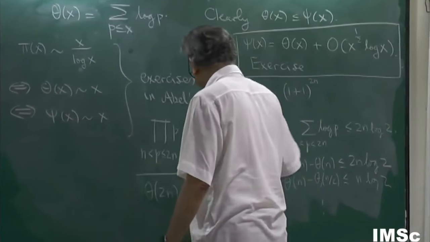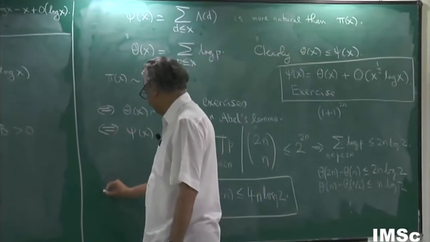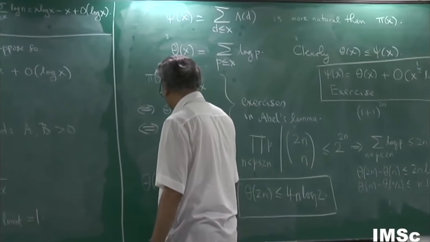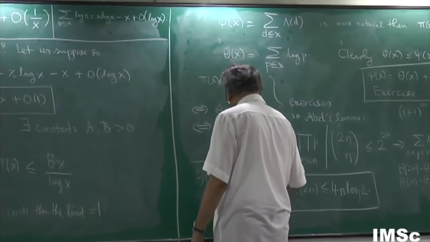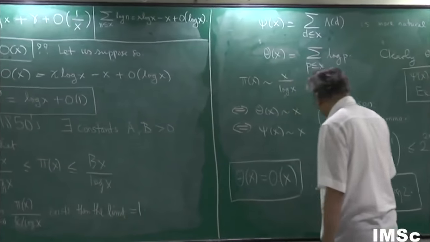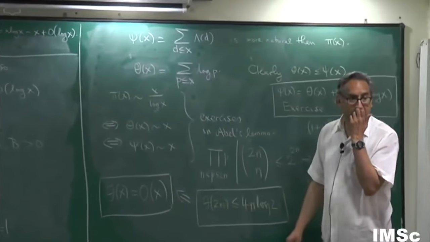In other words, he's managed to show that theta of x is O of x. Okay, theta of x is O of x.